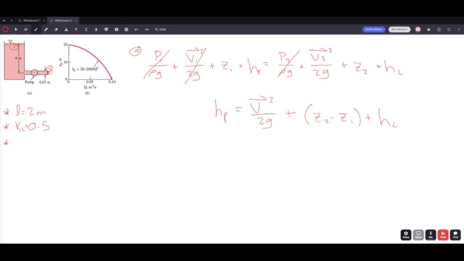Oh, we're going to have to use the Moody diagram eventually, so equivalent roughness for cast iron is 0.26 millimeters.